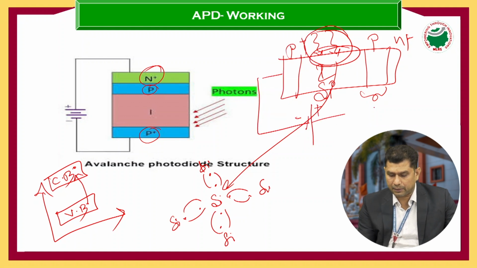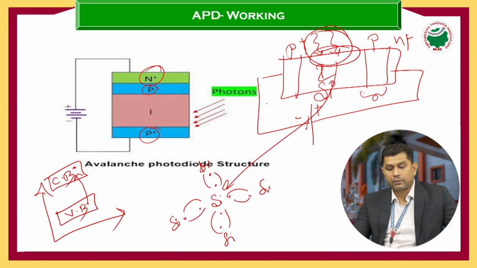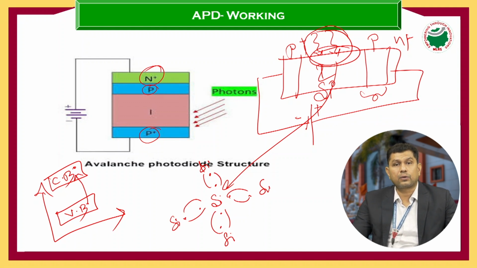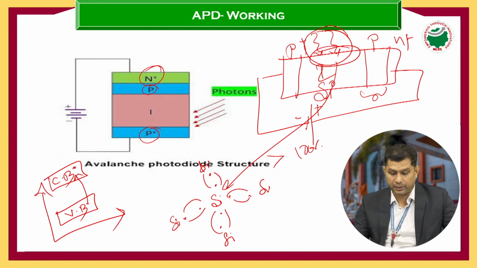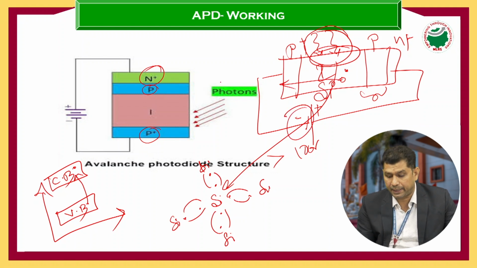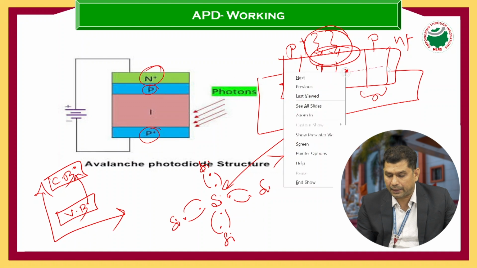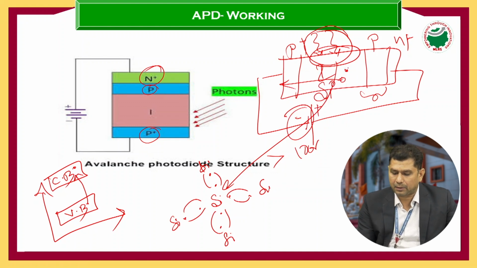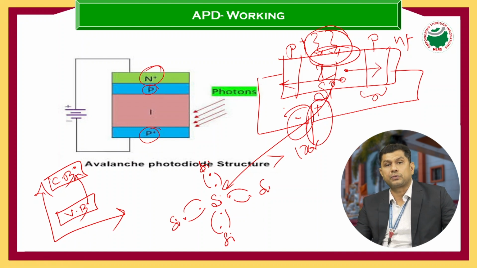Very high reverse voltage. The P side is connected to the negative terminal, and the N side is connected to the positive terminal. Your applied voltage is very high, greater than 100 volts. So the electron-hole pairs that are generated get separated: the hole is attracted towards the P side because of the negative terminal, and the electron is attracted towards the N side as it is connected to the positive terminal.